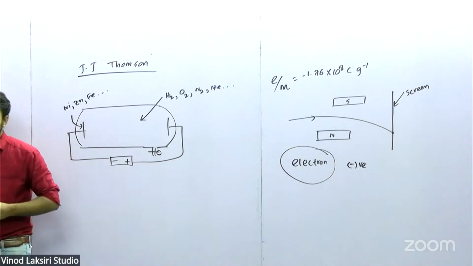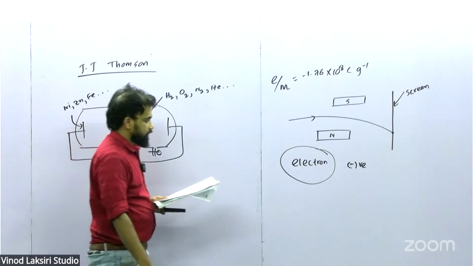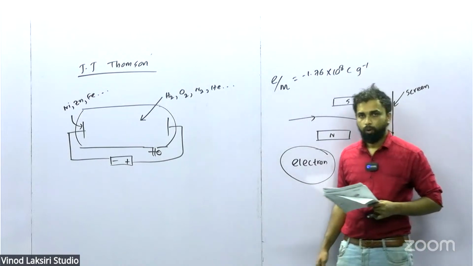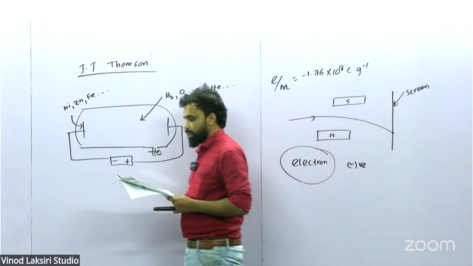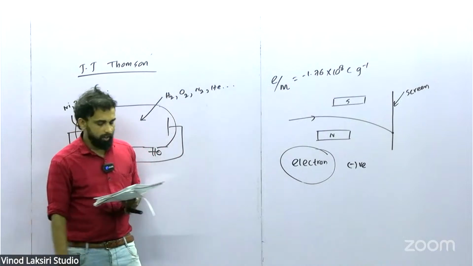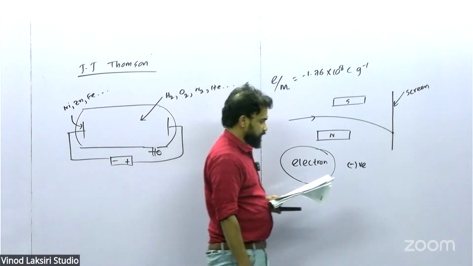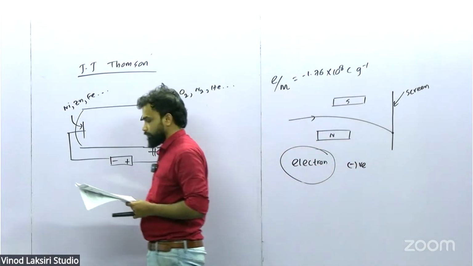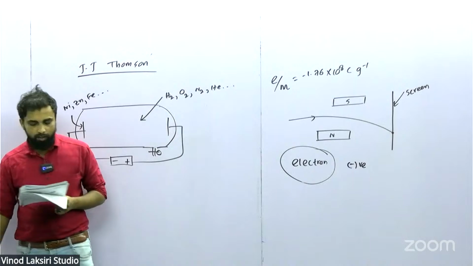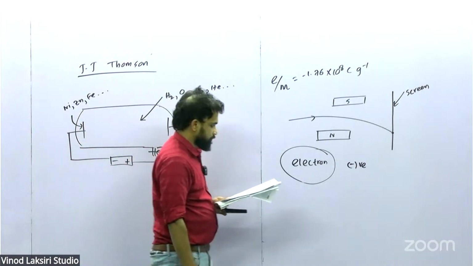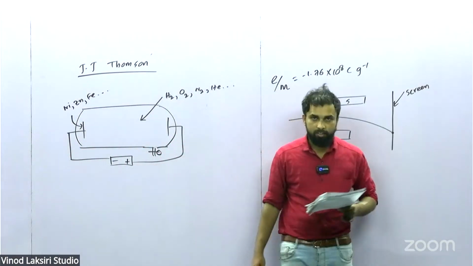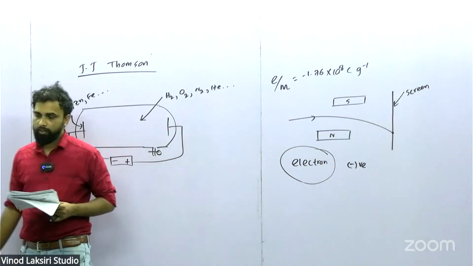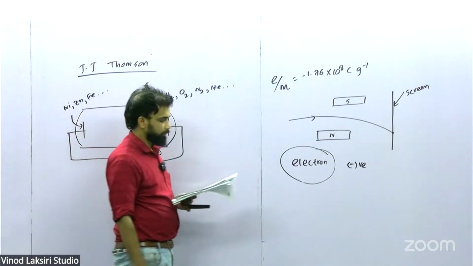Next, write down. J.J. Thomson observed that in every situation, the E divided by M value is the same.